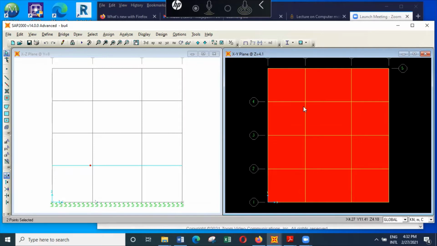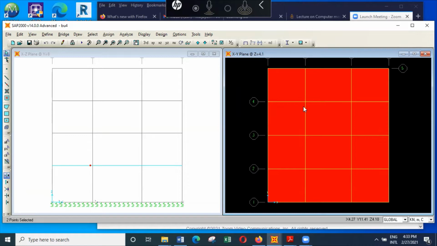Whereas in ETABS, it has the facility to do the meshing while running the program. So you can just apply the slab and say, while running, divide it, and it will divide it and then transfer the loads. But SAP2000 is a general purpose program, so because of that reason, I have gone with unit loads.